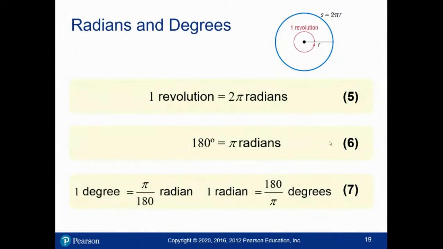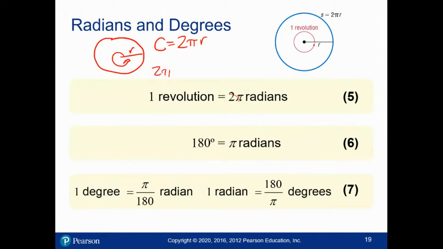So how do I convert between radian measurement and degree measurement? The way we do this is we observe that the complete circle of radius r, if I go all the way around, how much arc length does that create? The circumference, and the circumference of a circle is 2 pi times the radius.